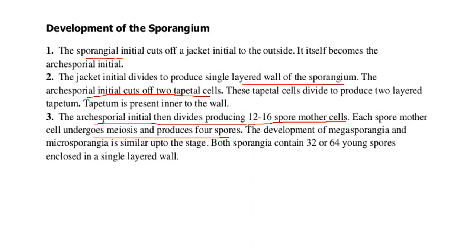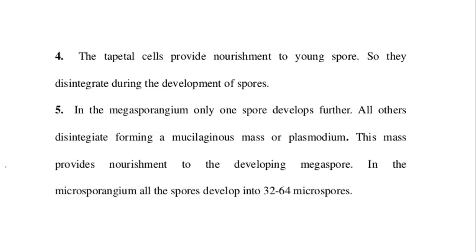So that means within the sporangium, suppose I'm talking about a microsporangium, the microspore mother cell will undergo reduction division and produce 4 microspores, whereas in the megasporangium, it will undergo reduction division and produce a single megaspore. Now the tapetal cells provide nourishment to the younger spores, and so they disintegrate.